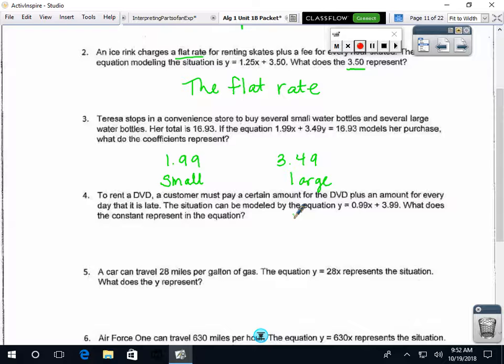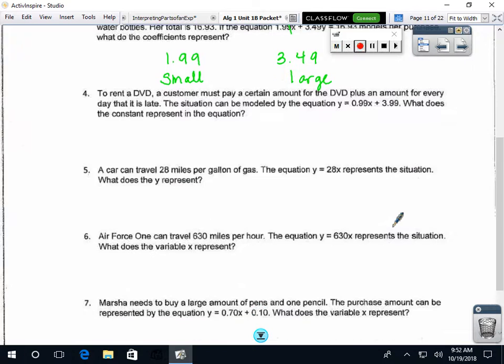All right, number 4. To rent a DVD, a customer must pay a certain amount for the DVD plus an amount for every day that it is late. The situation can be modeled by the equation y equals 0.99x plus 3.99. What does the constant represent in the equation? Well, in that equation, what is the constant? 399, okay, because it's the number that stands alone. It does not have a variable.